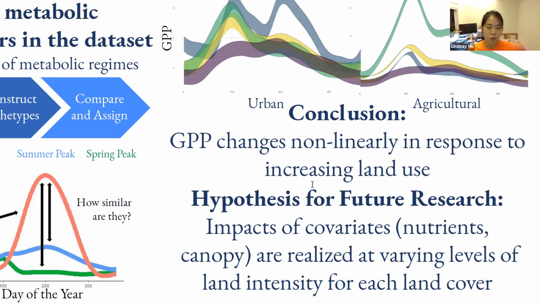Further research on land use factors that influence GPP, such as water clarity or nutrient levels in the river, could really help inform urban and agricultural land planning when people are planning development around rivers and be more mindful of how their planning can impact river ecosystems.